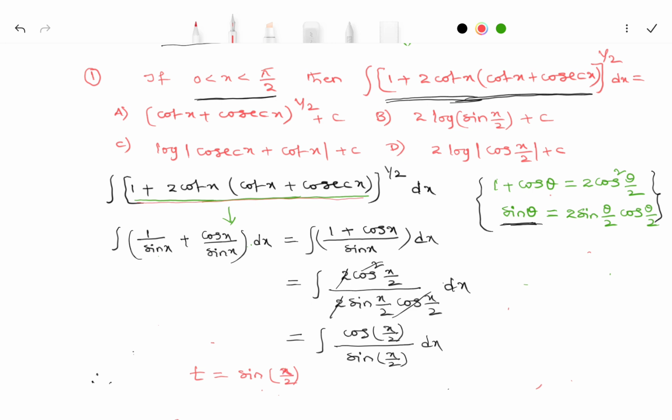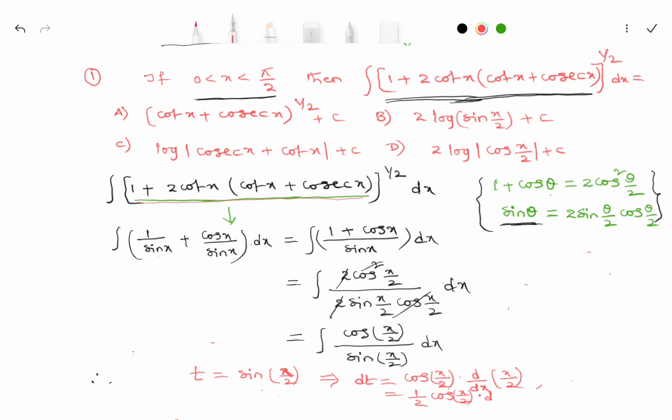The derivative of sine theta is cos theta, so cos of x by 2 into the derivative of x by 2. This is called the chain rule. The derivative of x by 2 is 1 by 2. So dt is equal to 1 by 2 into cos of x by 2 into dx.